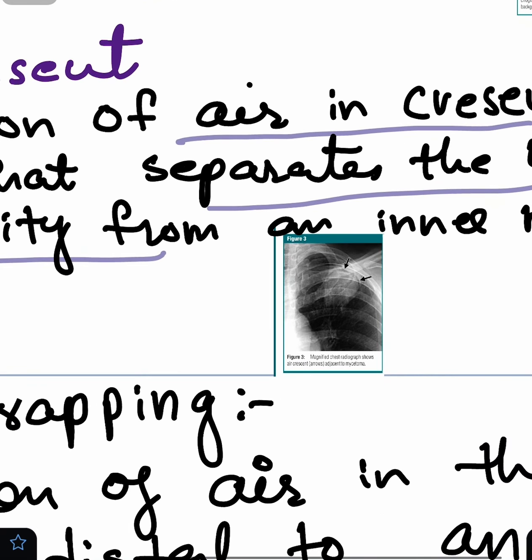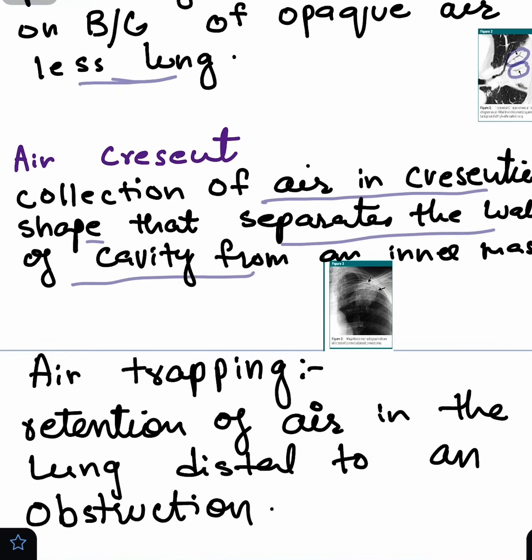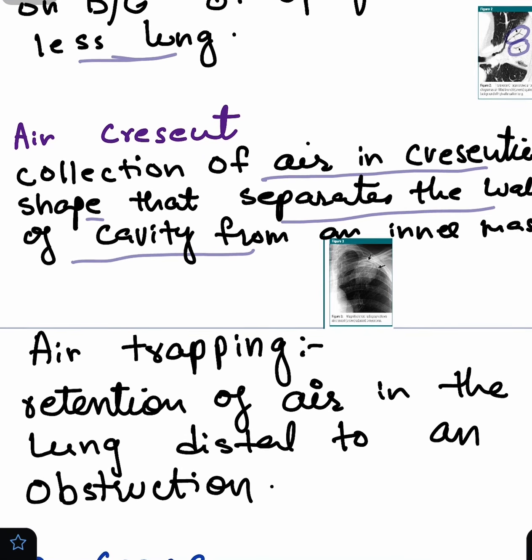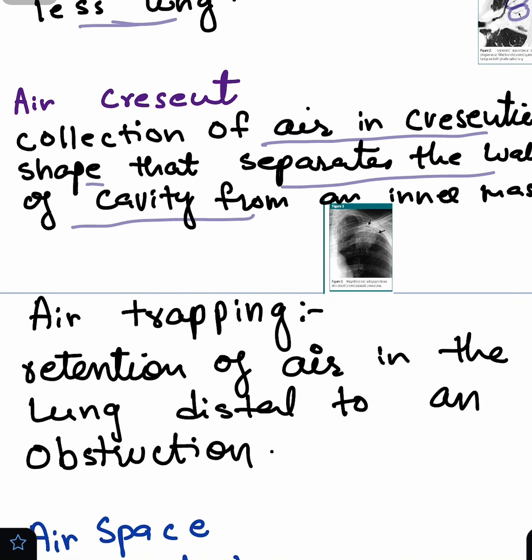It is often considered a characteristic sign of either aspergillus colonization of pre-existing cavities or retraction of infarcted lung in angioinvasive aspergillosis, but more of an aspergillus colonization of a pre-existing cavity.